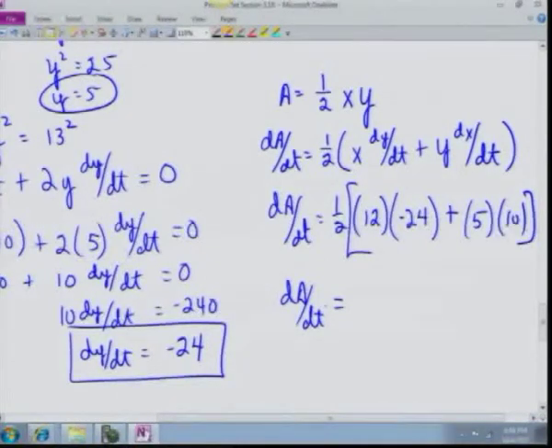I would have probably messed up already because I thought we were doing dA dt equals 1/2 x dy dt. I would probably put x dx dt because that's what I'm doing. Well, but look here, Leland. This is a product, so it's x times the derivative of this. Why did the 1/2 go anywhere and everything get rid of it?